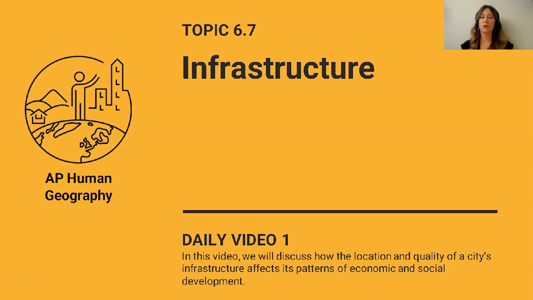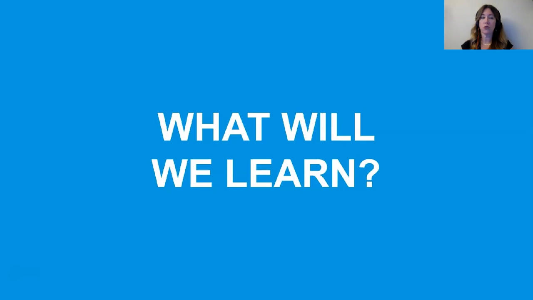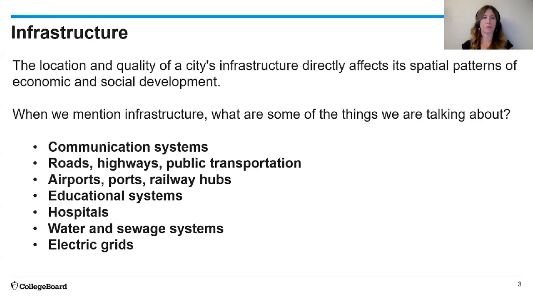We are going to talk about infrastructure, and we're going to talk about how location and quality of a city's infrastructure can really affect its patterns of economic and social development. So, what are some of the things that we will learn?